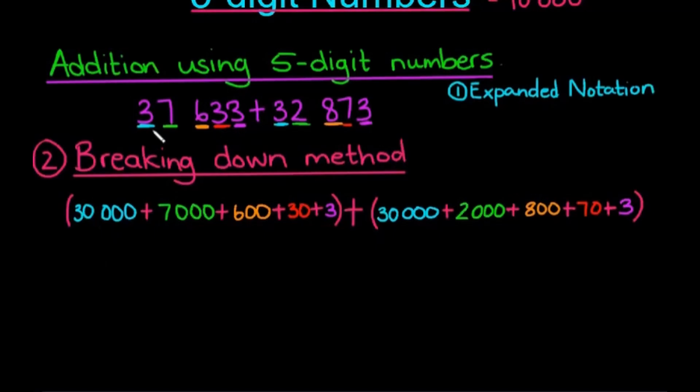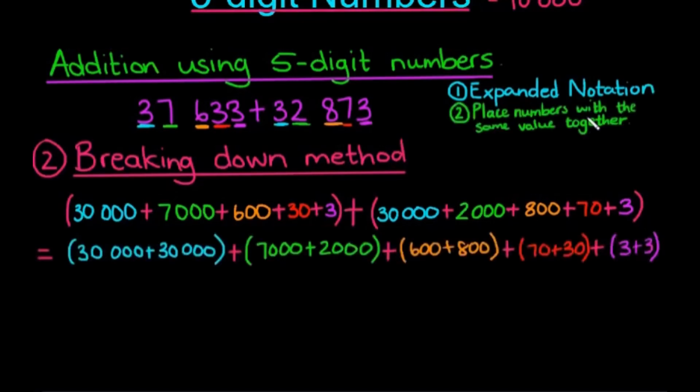So I've split my 37,633, expanded it, and I'm adding it to the expanded 32,873. The next step that we're going to do is place the numbers with the same values together. So I'm going to place all my 10,000s together.